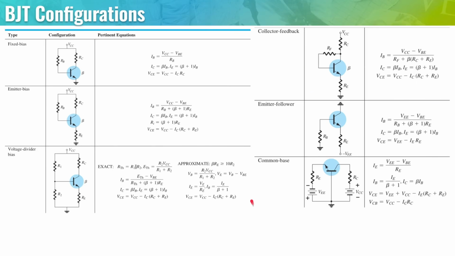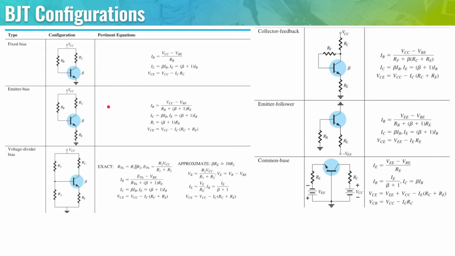There are 6 BJT configurations, and it's important that we familiarize ourselves and know how to identify them. So the fixed bias is very easy to identify. It's the most basic one, where it resembles the normal amplifier circuit, except there is no more VBB. There is only one voltage source, VCC. That's why we describe the bias as fixed.